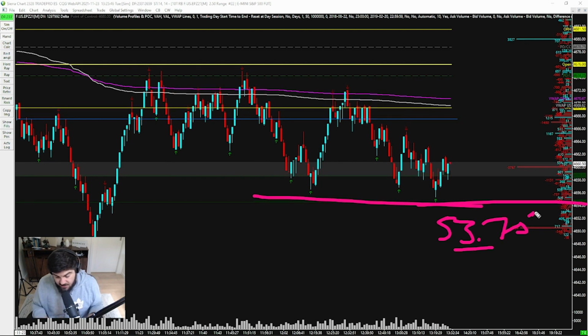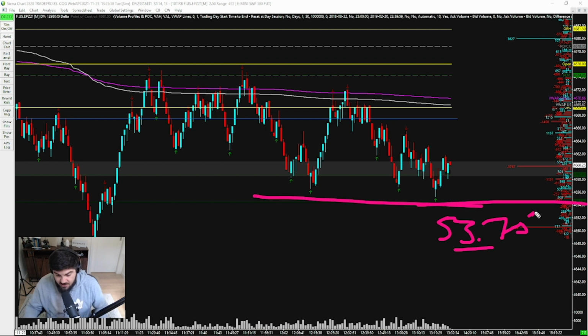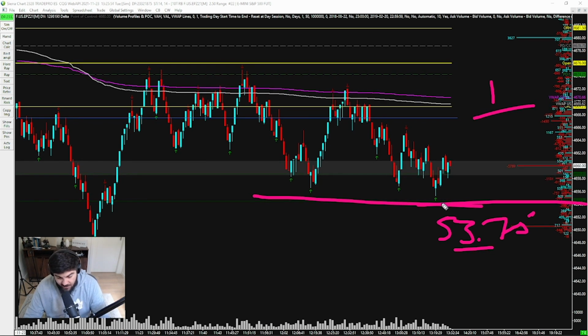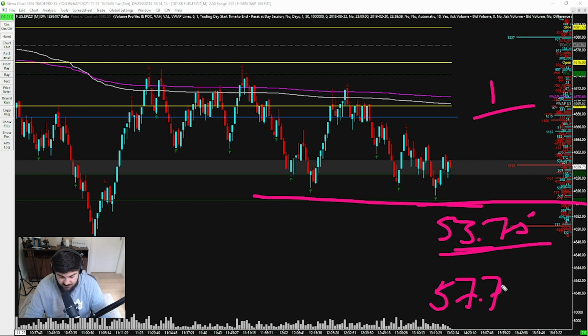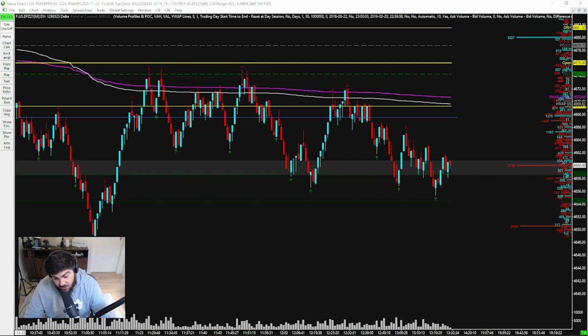So you're protected. It's called a protective stop for a reason. It's protecting your position. So in order to get that protection with one stop, 53.75, the maximum that you could buy it up is 4 points higher from 53.75, which puts you at 57.75.